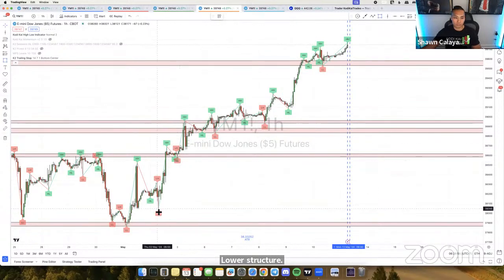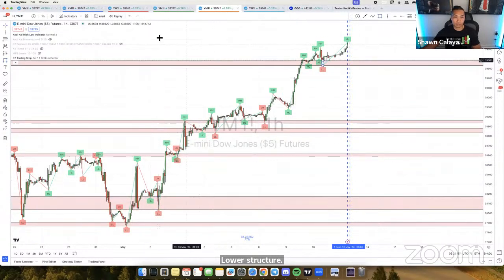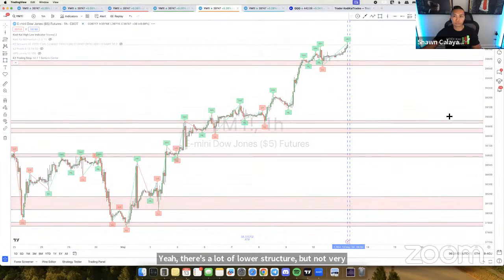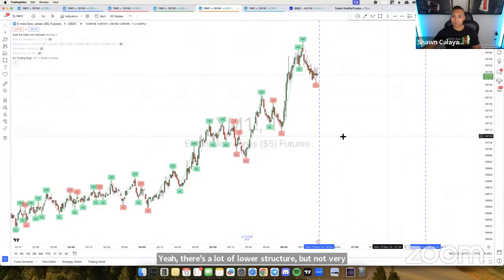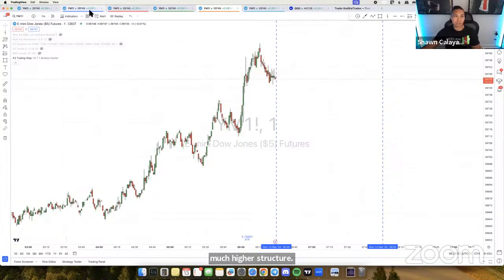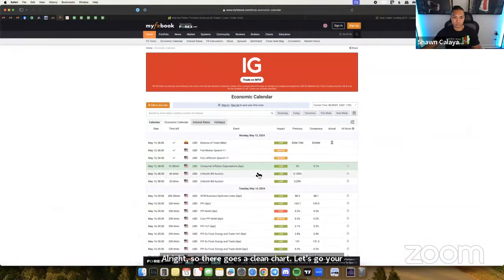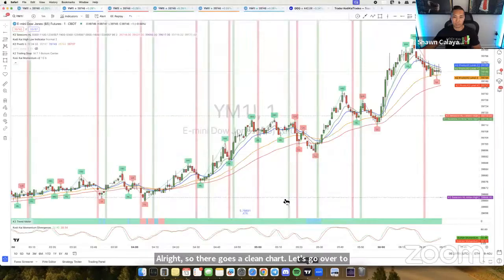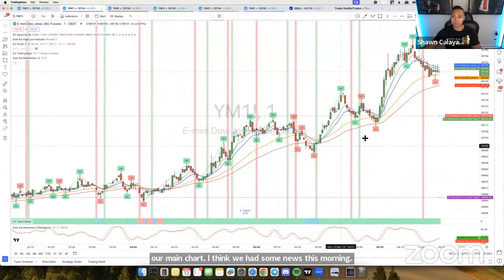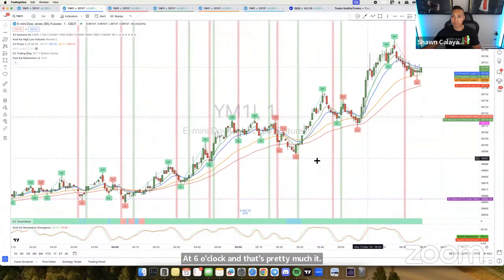Yeah, there's a lot of lower structure, but not very much higher structure. All right, so there goes a clean chart. Let's go over here to our main chart. I think we had some news this morning at 6 o'clock, and that's pretty much it. So 6 o'clock, which was right there.